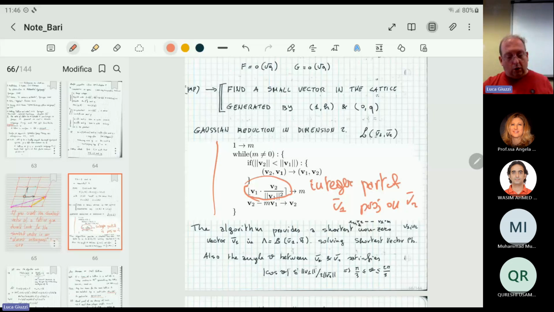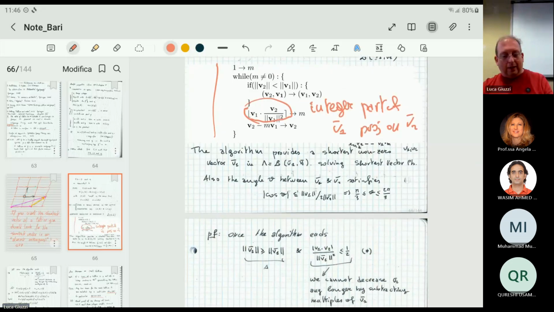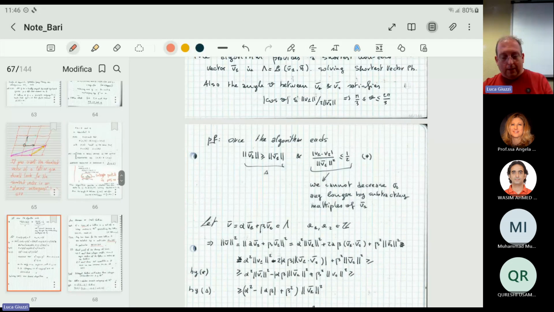As the algorithm goes on, this number gets smaller and smaller, and it terminates as soon as it is 0. Then you get a basis which is as good as possible, and as orthogonal as possible. It's not exactly orthogonal because we have to take an integer, the integer part, which might be 0, but it's not required to be.